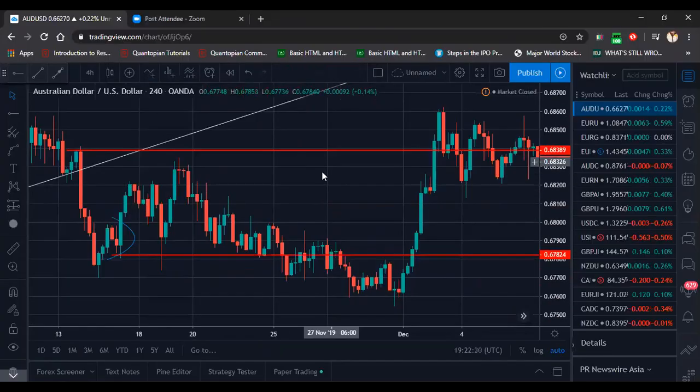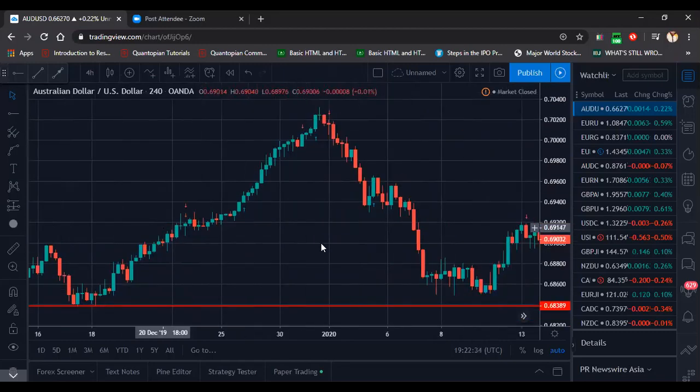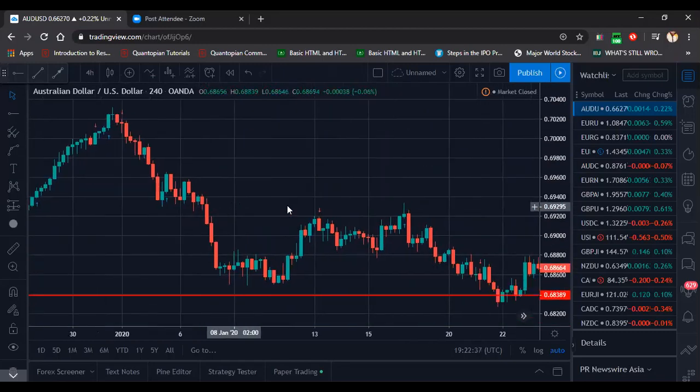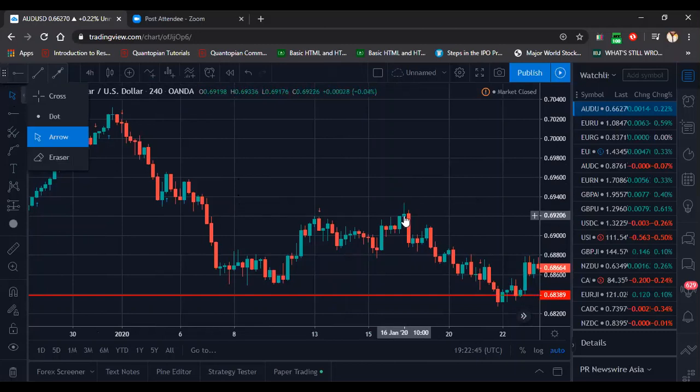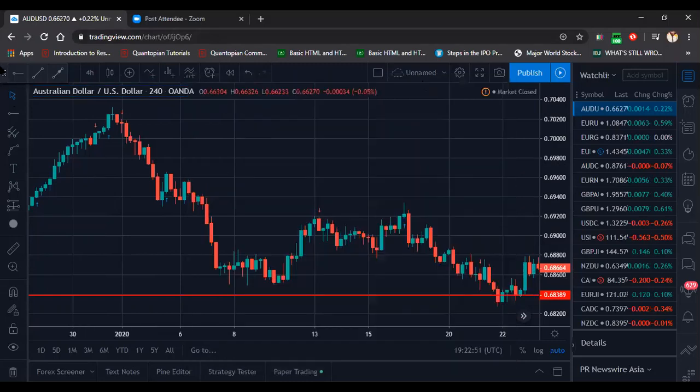Hammer. I hope we get a perfect setup. Yeah, so this here, you see, this is what I'm talking about.